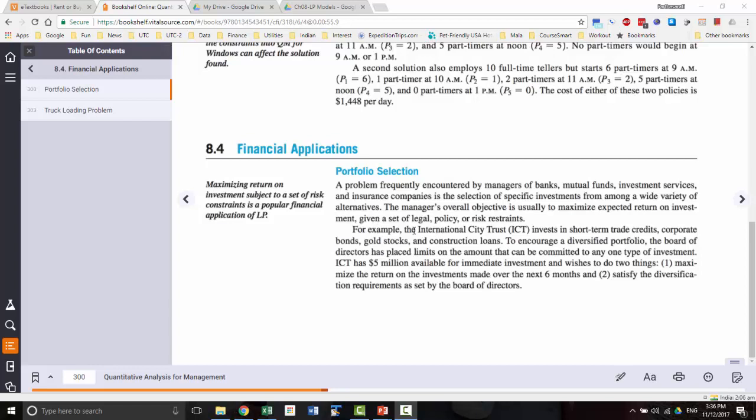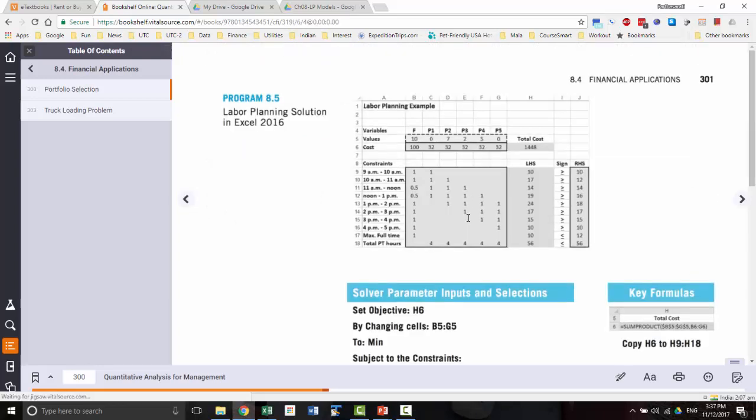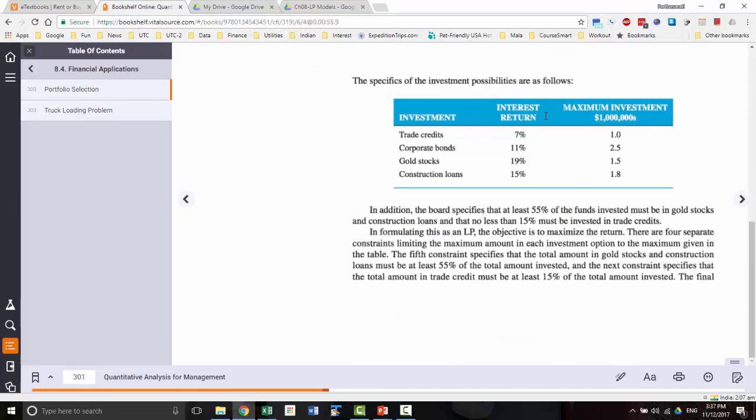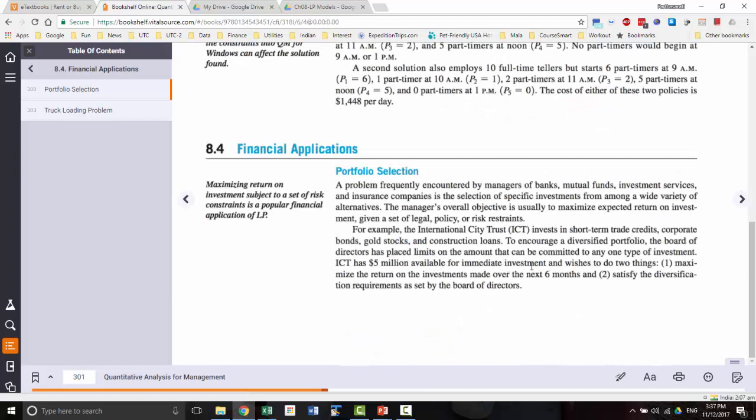These are the four opportunities that are available, and the returns are given here for each of them. These are the interest return and the maximum investment possible, given at the bottom.